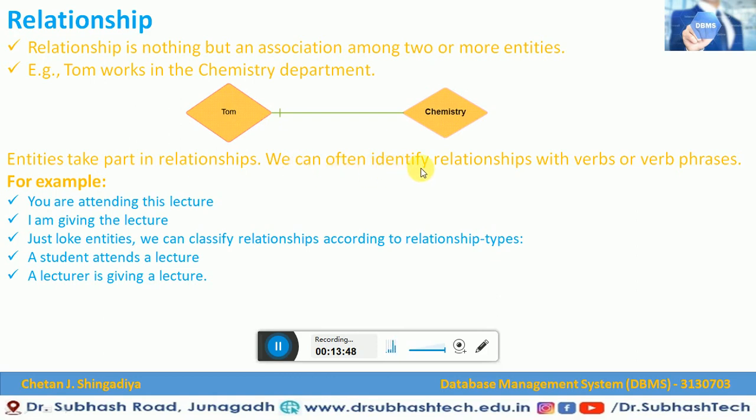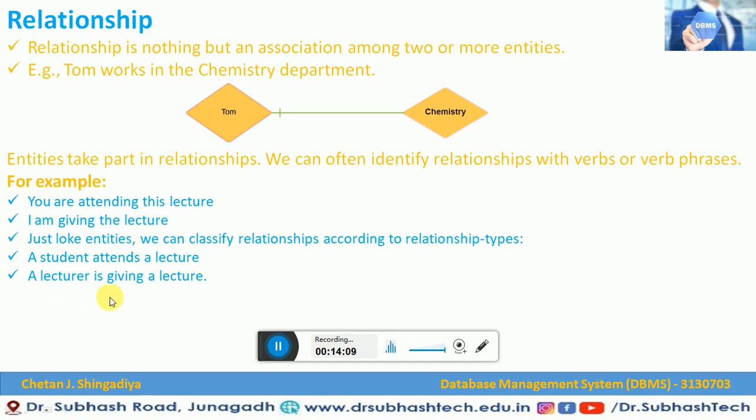We can often identify the relationship with verbs or verb phrases. For example, you are attending this lecture. I am giving the lecture. Just look at the entities. We can classify the relationship according to the relationship types. A student attends a lecture and a lecturer is giving a lecture.